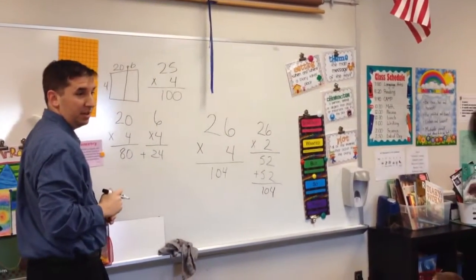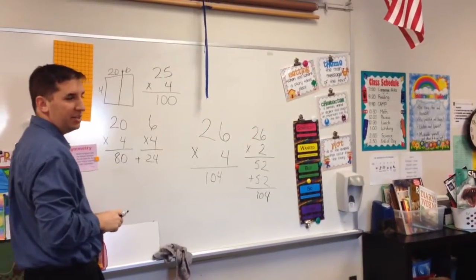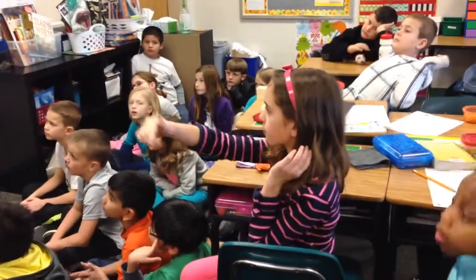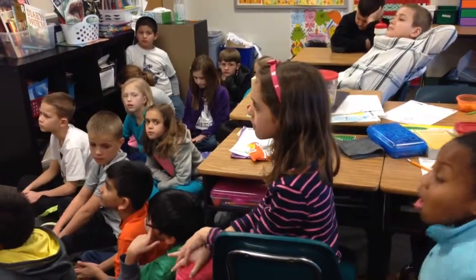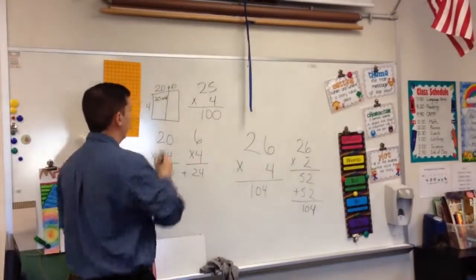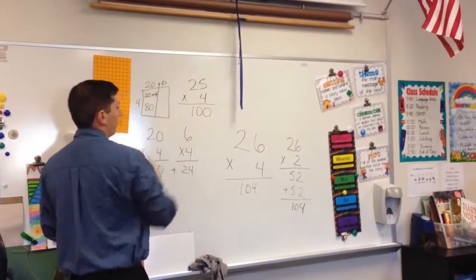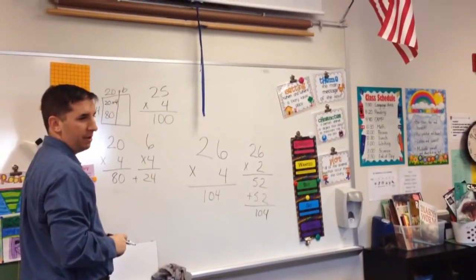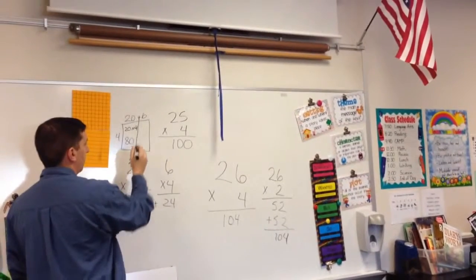Will you help me solve it with our box strategy, our partial products box? In the first box, you would do 20 times 4. And 20 times 4 would give me 80. And then in the box next to it, you would do 4 times 6.